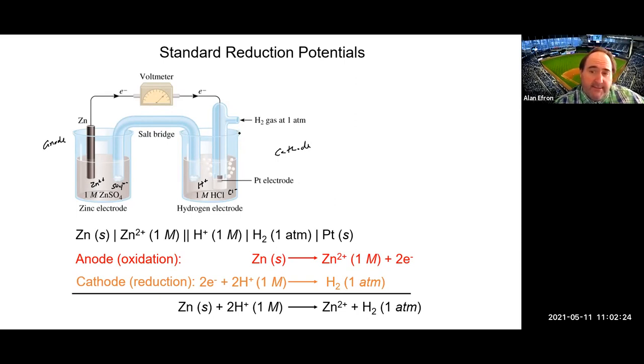Because hydrogen gas is a gas and there's no solid hydrogen metal you could use, we will sometimes use something like platinum, carbon, or graphite to act as the physical electrode, giving the electrons a place to flow down the wire.